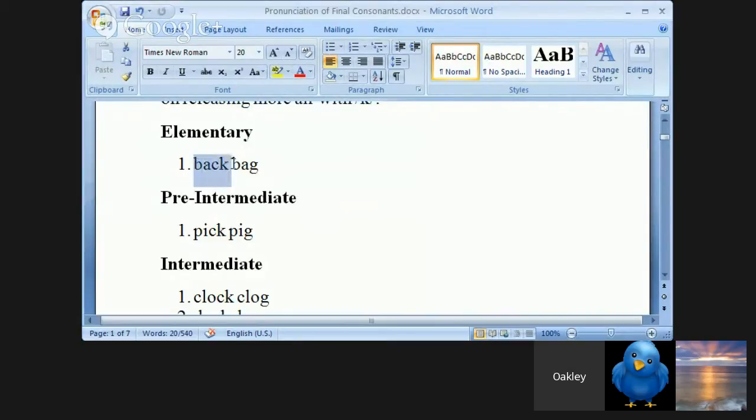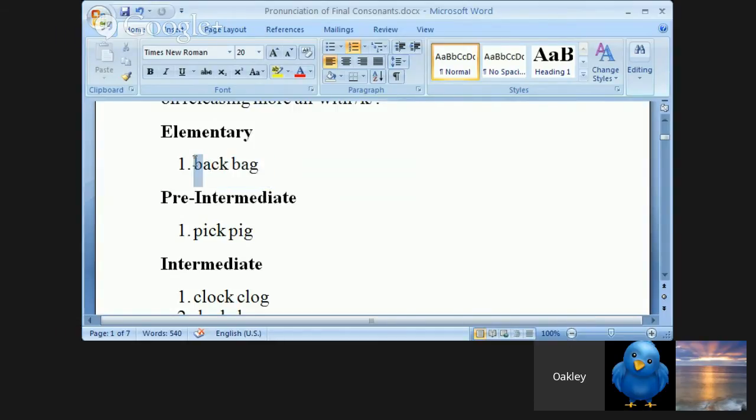First, careful pronunciation. Back, bag, like that. Then we're going to join the words together. Back, bag. Do you notice a difference, Jose, when I join them together, as opposed to when I pronounce them very carefully?